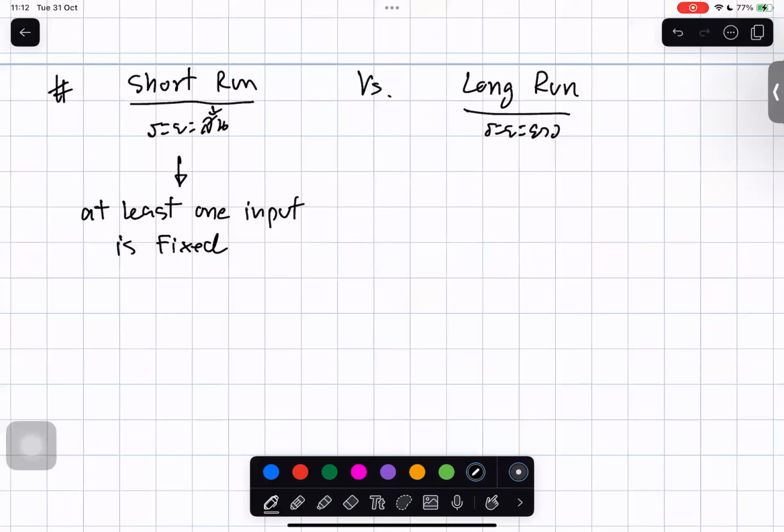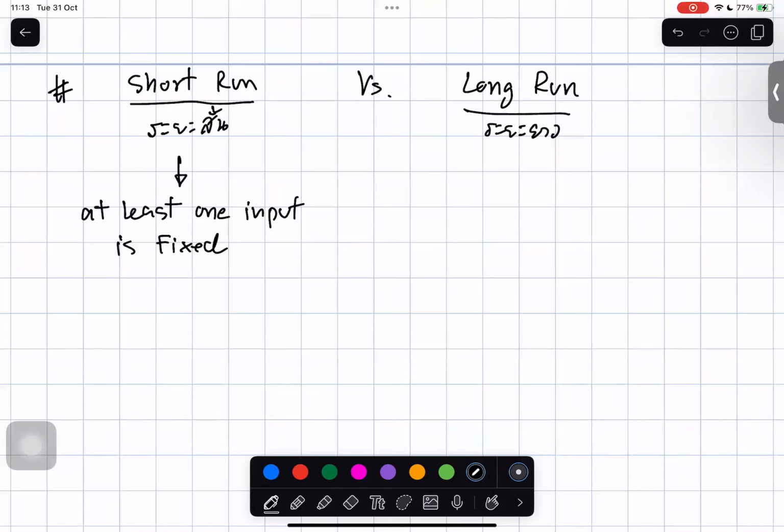Maybe you use 10 inputs. If you discover that at least one input you cannot change the amount, increase or decrease, that means you are in the short run production, or production in the short run. So that's how we define the term short run.